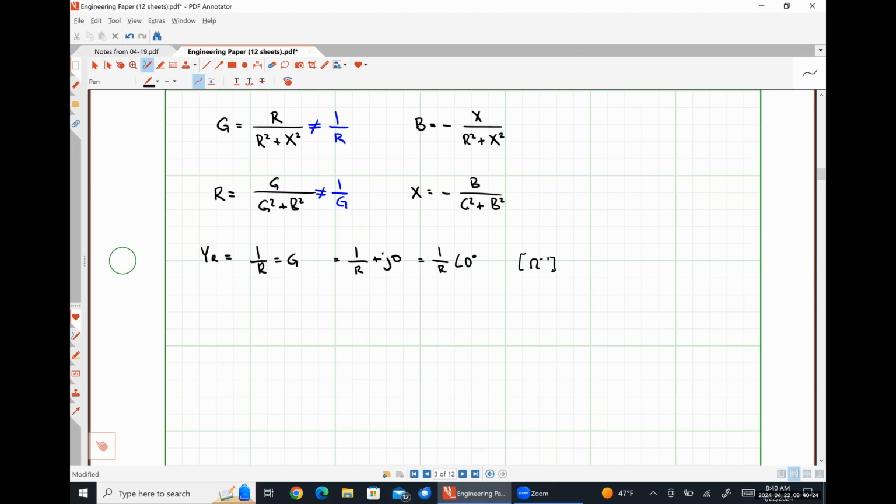We know that that's usually called a Siemens, but I'm going to leave it as inverse ohms just because that's the habit that I've developed.